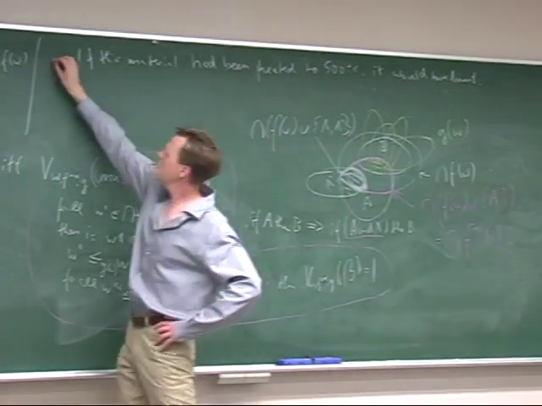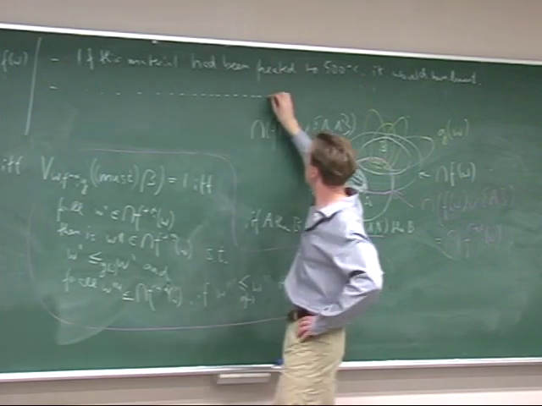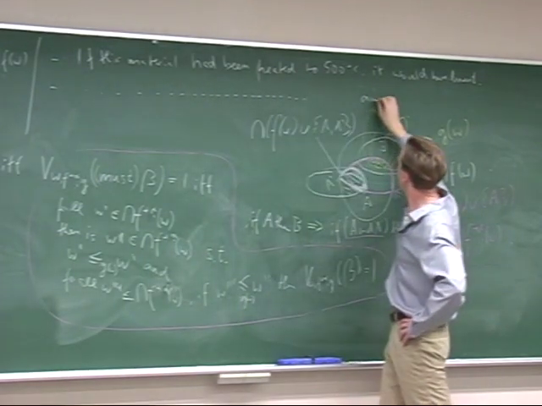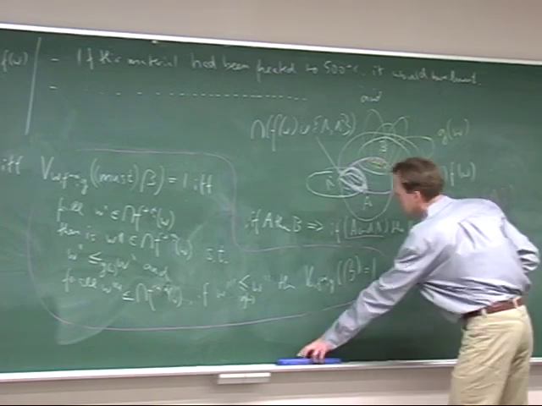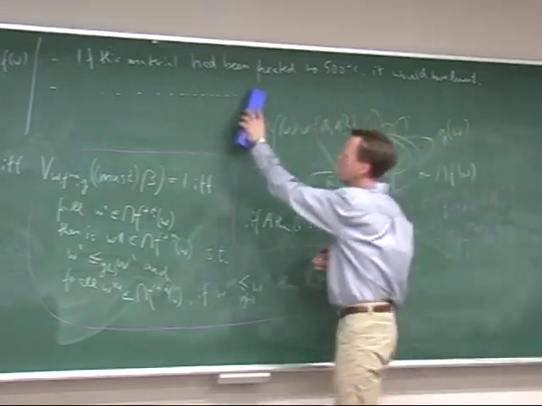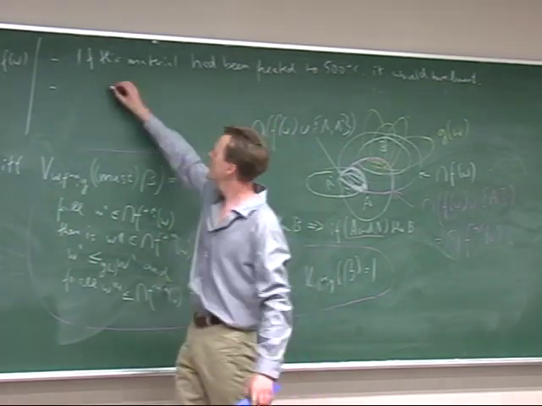And then we also have the parallel sentence: if this material had been placed in a vacuum chamber and heated to 500 degrees, it would have burned. The order of these things matters actually, because otherwise you think the temporal order would be different. So I have to write it out.